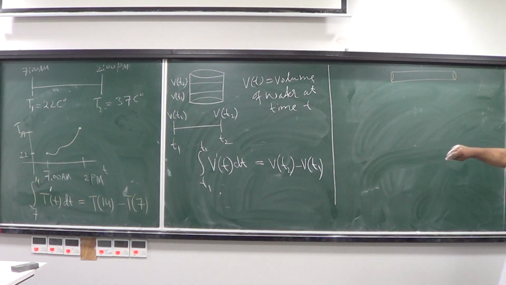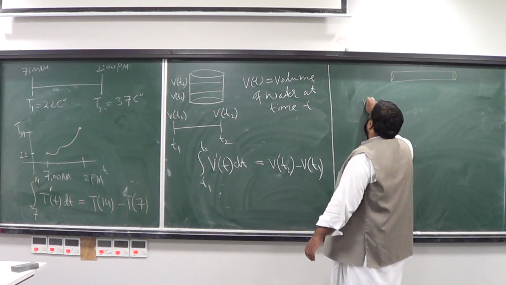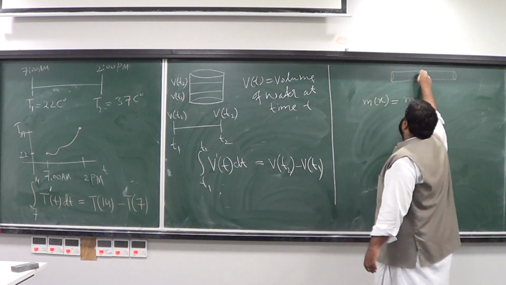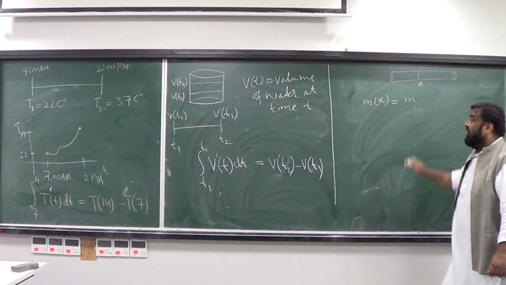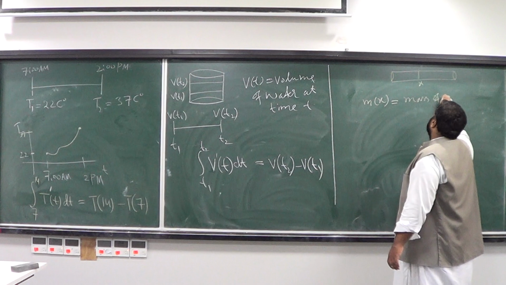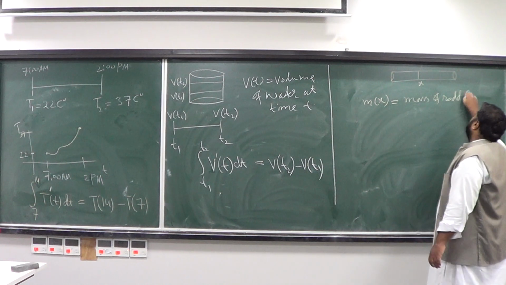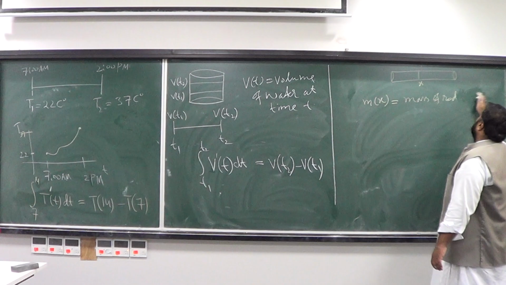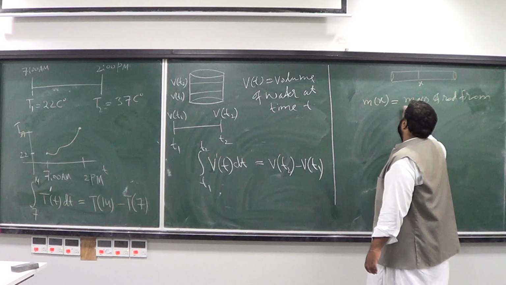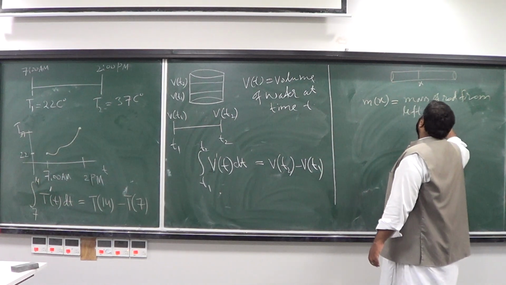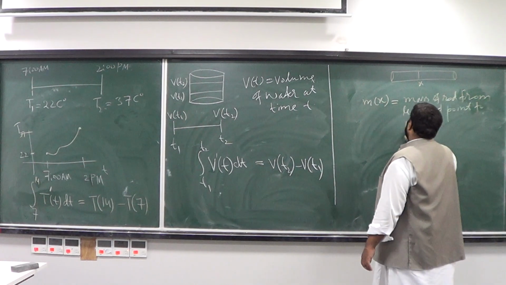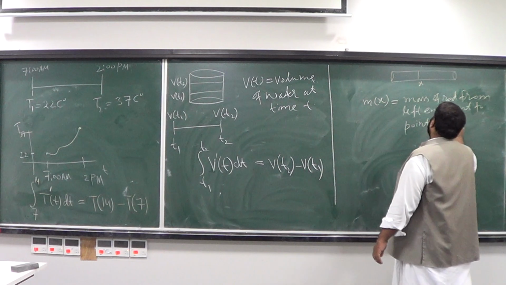Then if I define m of x as the mass, so if x is some location on the rod, then m of x is representing the mass of the rod from the left end point to the point x on the rod.